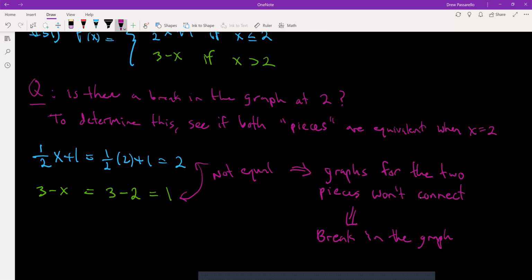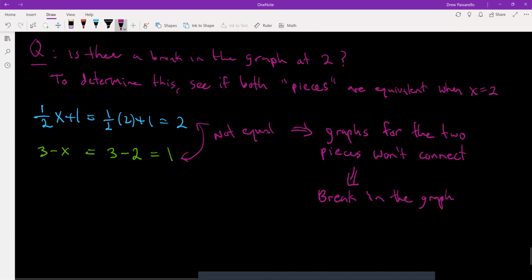And that break is occurring at 2. Since it's a break in the graph, I can't redefine the function because they're both different values. I'd have to shift one piece up or shift one piece down. So that means it's a non-removable discontinuity.